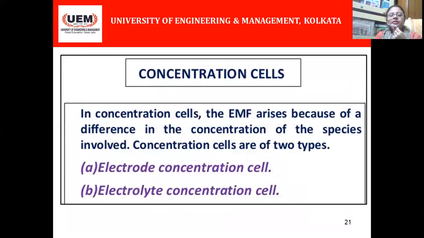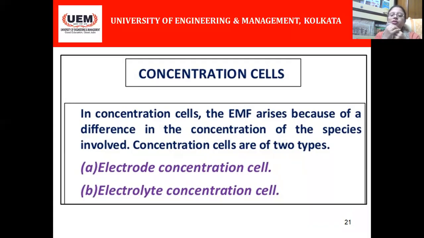Now coming to another important part, that is the concentration cell. Till now, for construction of the Daniell cell, we saw that we use zinc sulfate, copper sulfate, right? So two different kinds of metal and two different kinds of electrolyte you have used. That zinc is called the electrode and zinc sulfate is called the electrolyte.